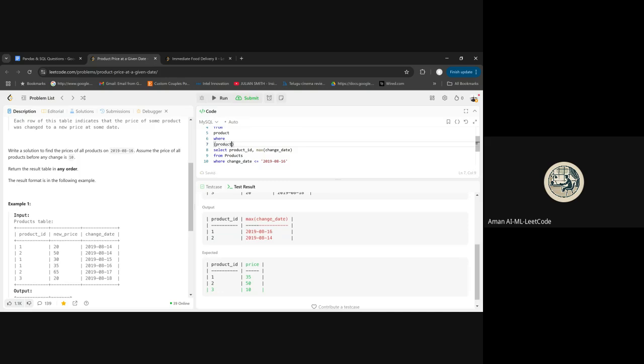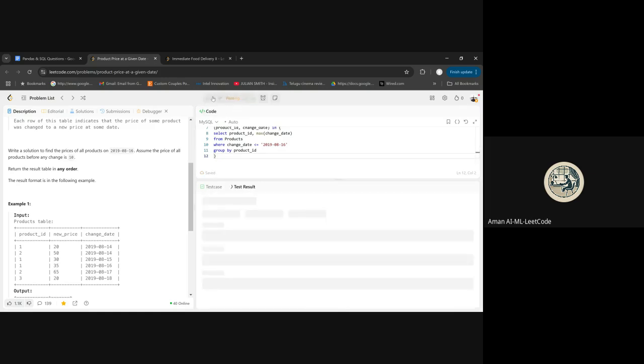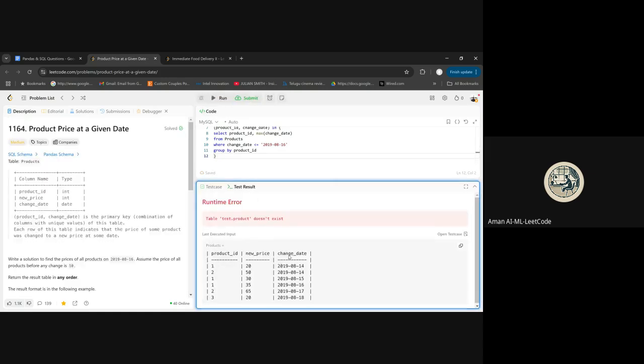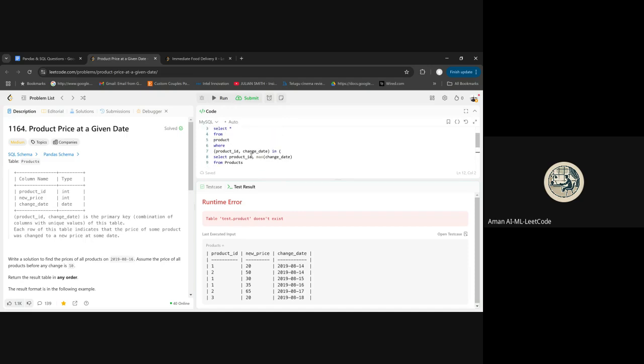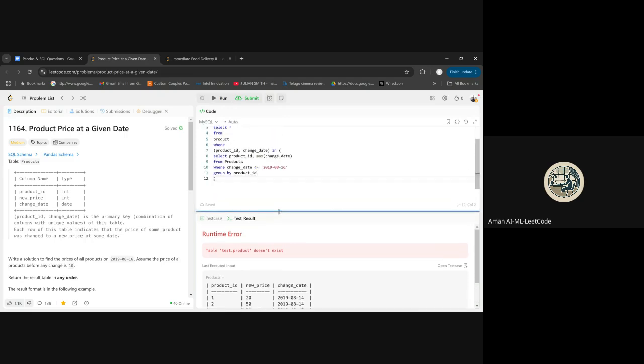Product ID, comma, change date in this condition that is given to us. From test dot products. Okay.